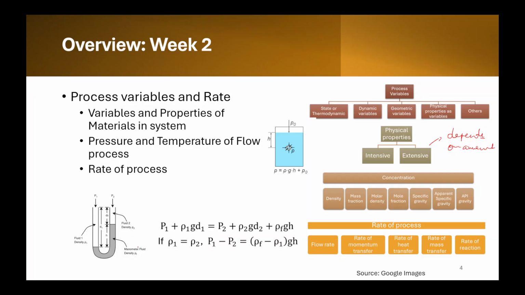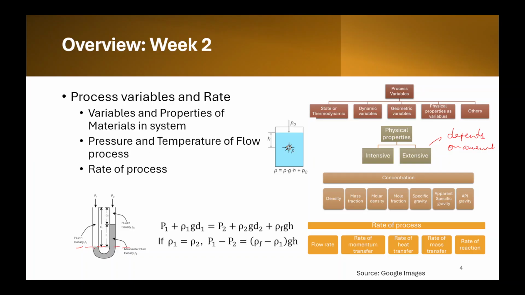Suppose this is a manometer which has two limbs, limb 1 and 2, and some atmospheric pressure is also being exerted as P1 and P2. There may be some fluid 1 here, some fluid 2, and this is the manometric fluid. We basically assume a datum line, a reference line.